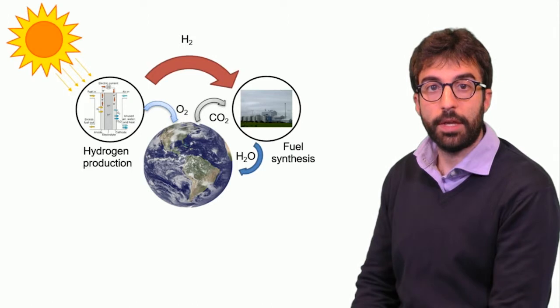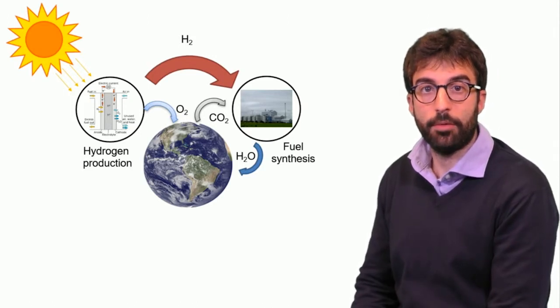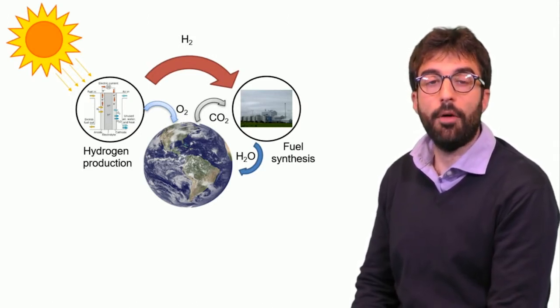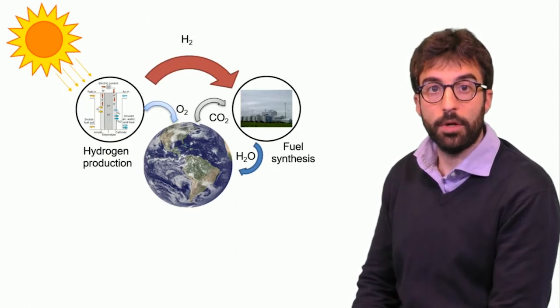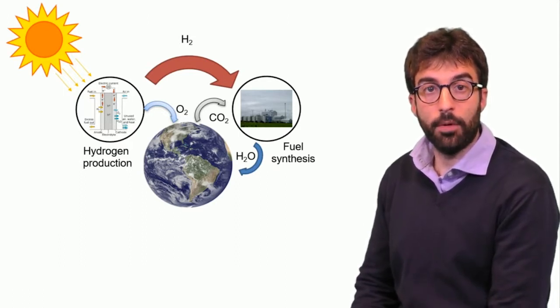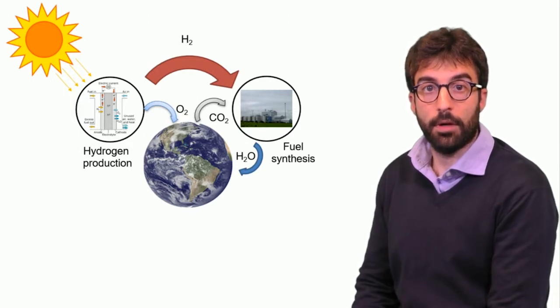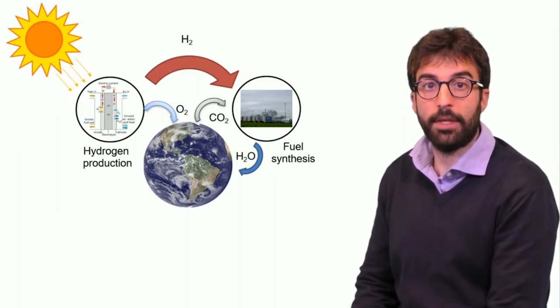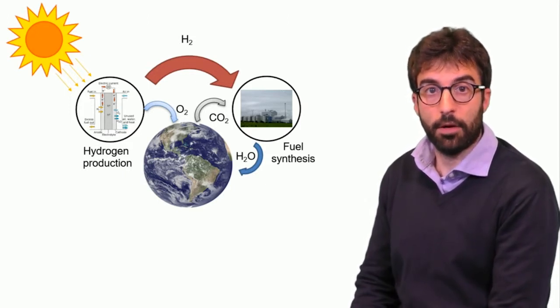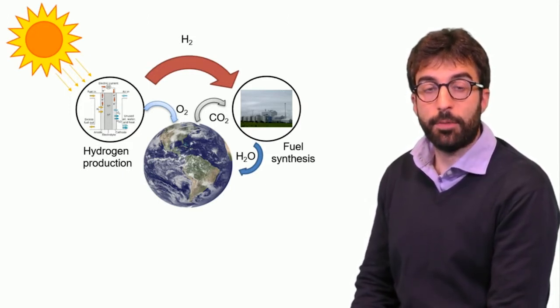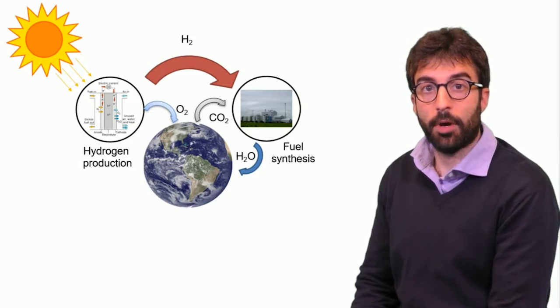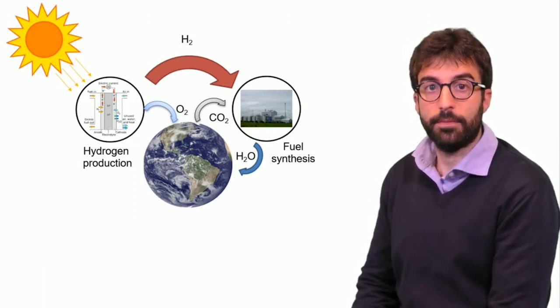In this case, we can have a mixture of hydrogen and carbon dioxide to produce a fuel similar to what is already the fuel used in energy systems, so chemicals based on hydrogen and carbon like methane or more complex chemicals like diesel or gasoline. From this process, we usually have as a byproduct steam or water.